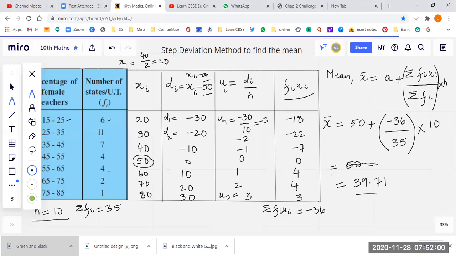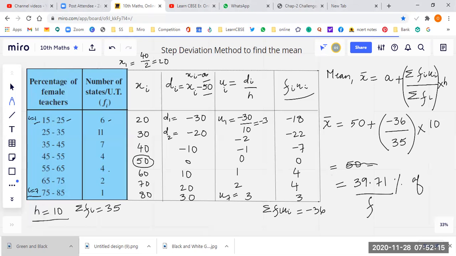So what is the unit of this? Had these been marks, the unit of mean is marks. Now this is basically the percentage of female teachers. So the mean is also a percentage of female teachers. Now this percentage of female teachers is applicable to what?